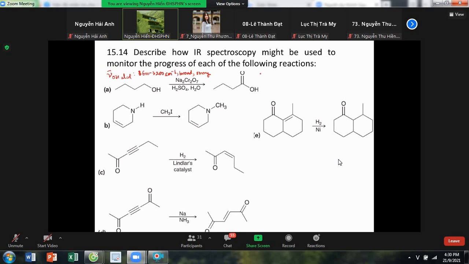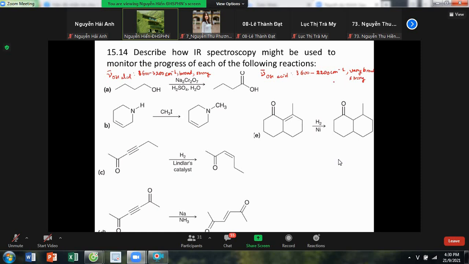And in your product, which is a carboxylic acid, you will also observe OH. But it's the acid OH, and this is broader, very broad and strong.